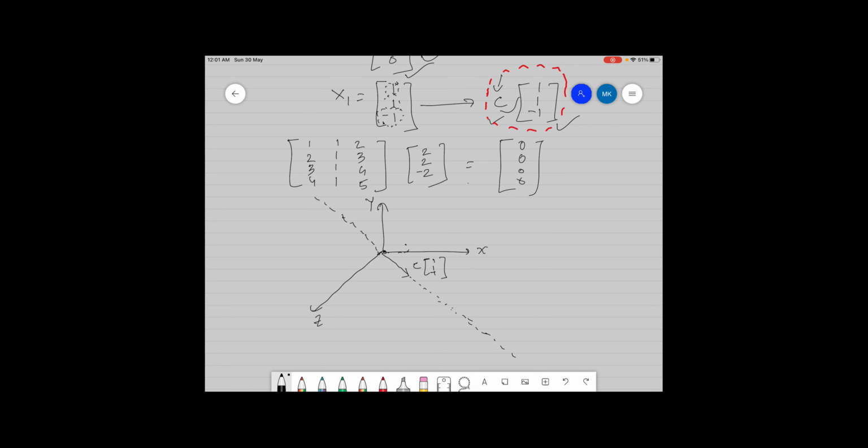So why are we calling it a space? Because every time the solution of Ax equals 0 will give you a subspace in any particular coordinate system. In this case it is c times 1 1 and negative 1.